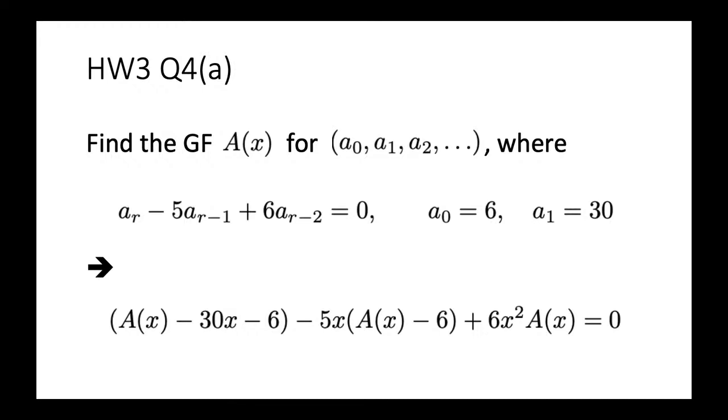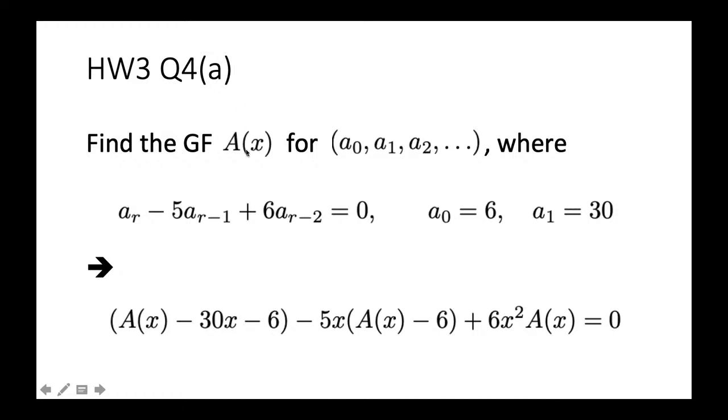Now question 4a is another type of standard assignment question. For this one, we have a recurrence relationship, and we want to get the corresponding generating function of the terms AR.